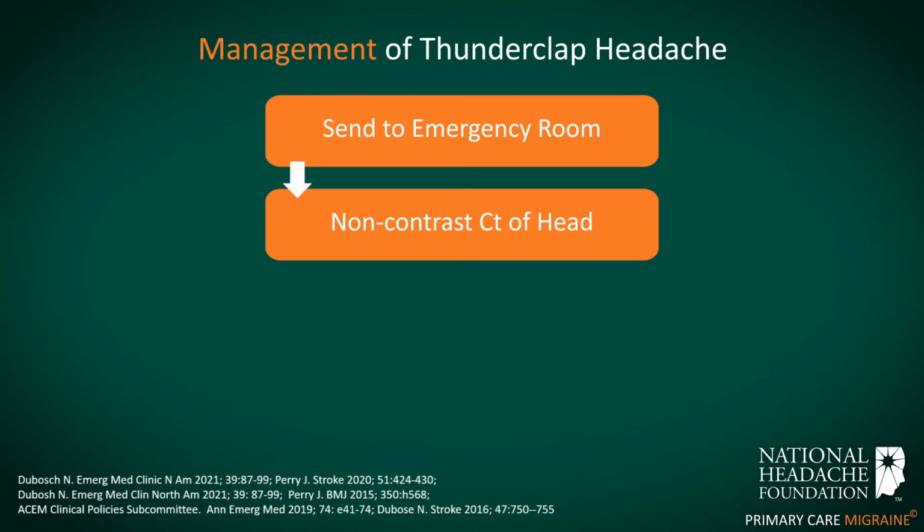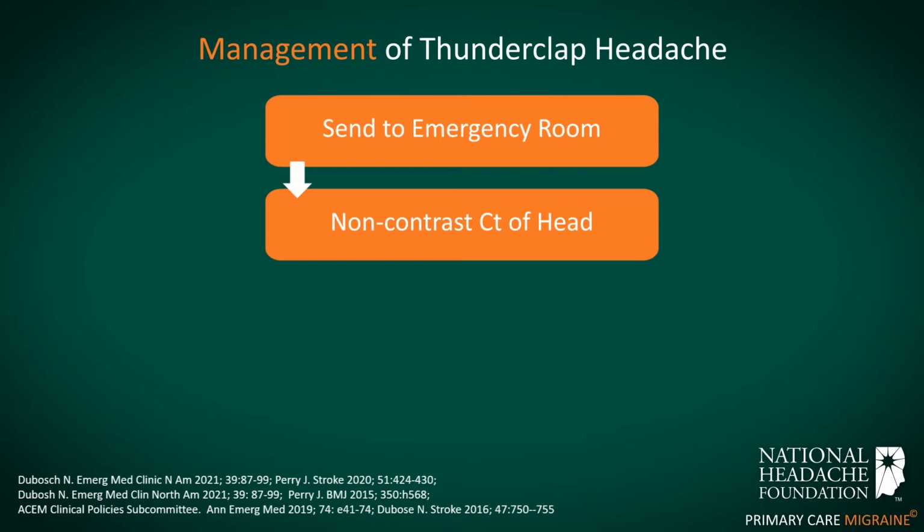In fact, the American College of Physicians put out a clinical policy statement in 2019 stating a non-contrast head CT performed within 6 hours after headache onset precludes the need for further diagnostic workup if the CT scan was done with a modern generation CT scanner. Regardless of this recommendation, the decision to forego further testing after a negative CT scan should involve a discussion with the patient weighing its risks and benefits.